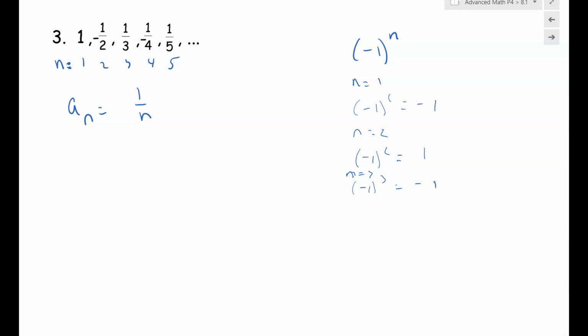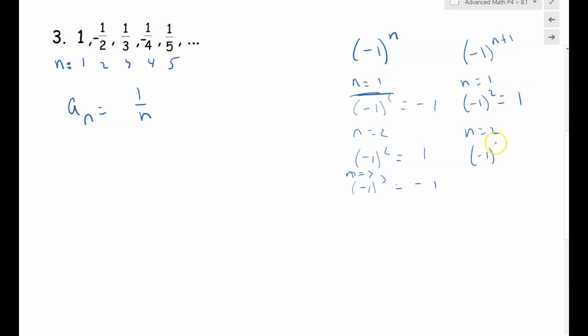Now, that's not exactly what we want here. When n is 1, I get a negative, and I want a positive. Well, how could I change that? Instead of this, what if I had that? So what if n was 1? Well, that's negative 1 to the 1 plus 1, which is 2, and that's a positive. Watch what happens when I have 2.